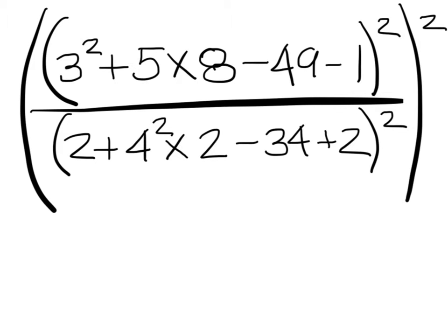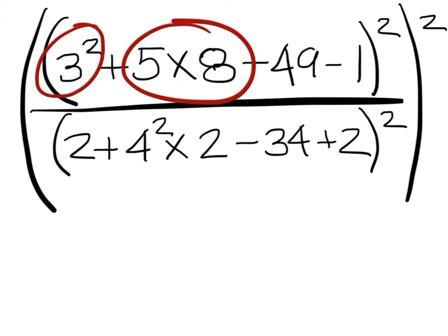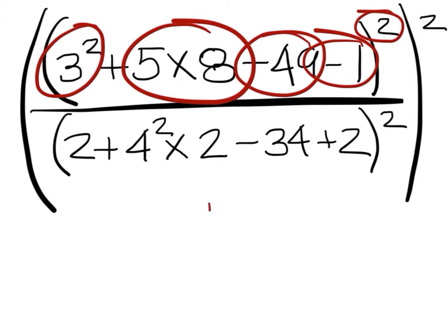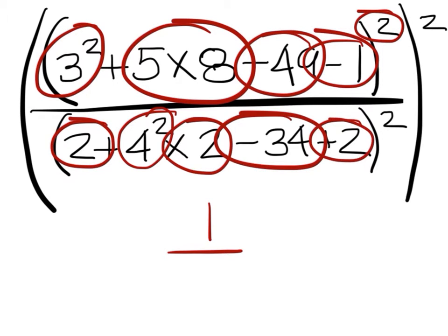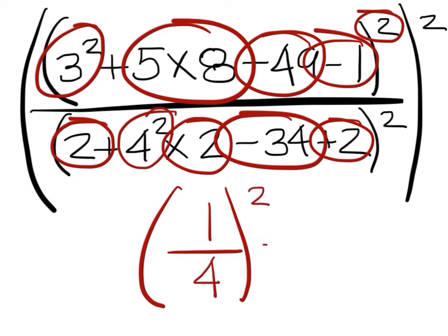For this bonus problem, you have 9 plus 40 is 49, minus 49 is 0, minus 1 is negative 1, squared is going to be 1. Down here you have 16 times 2 is 32, plus 2 is 34, minus 34 is 0, plus 2 is 2, and squared is 4. If you square this, you come up with 1 over 16, which rounded would be 0.1.